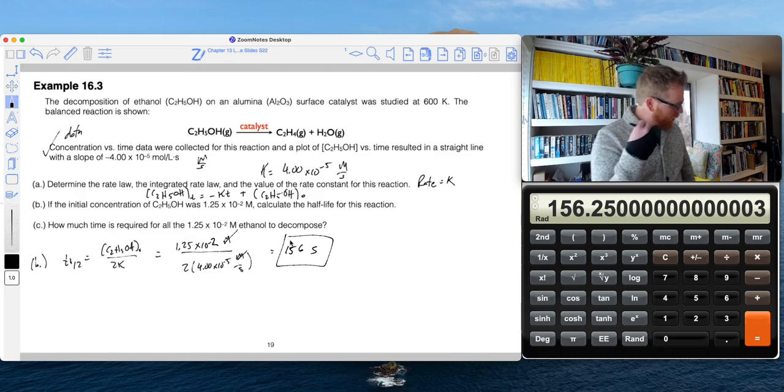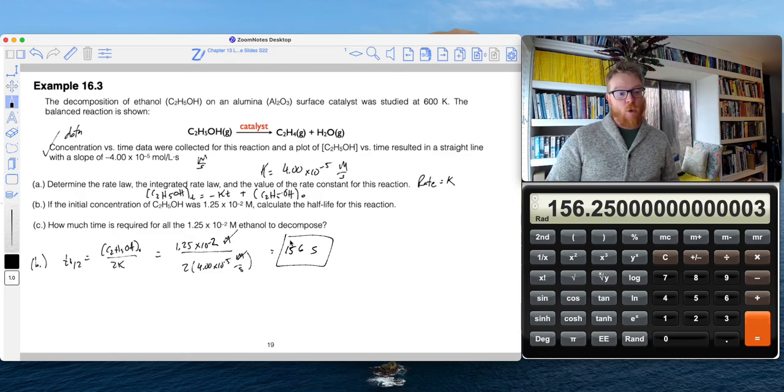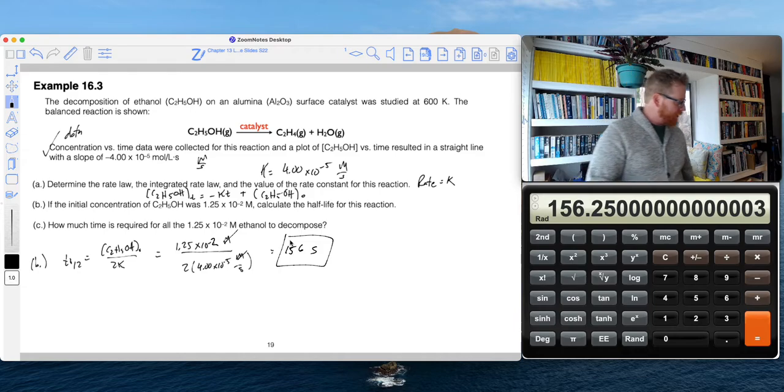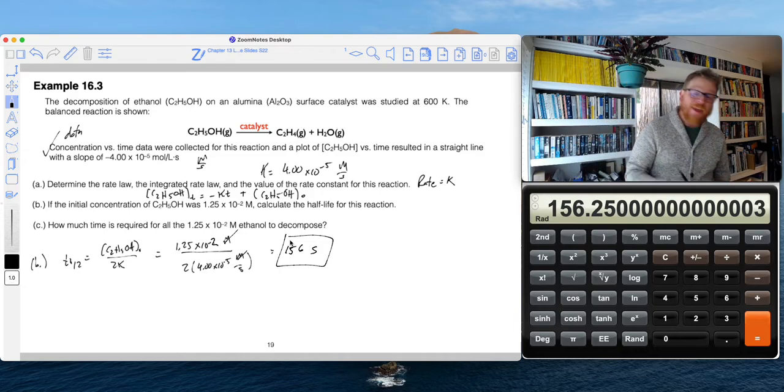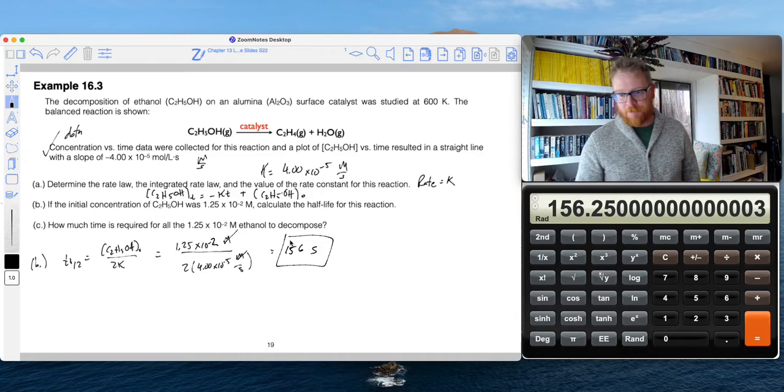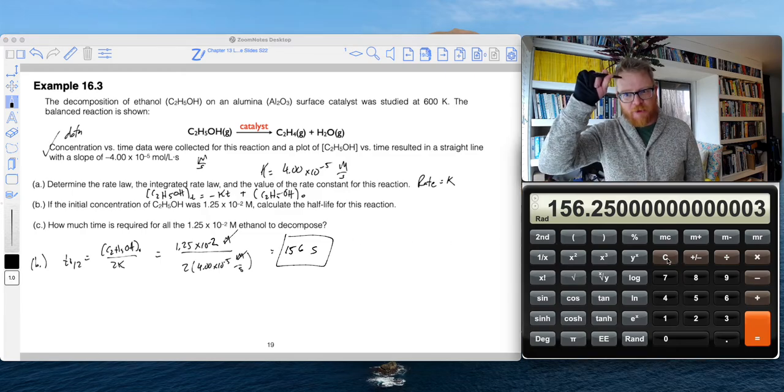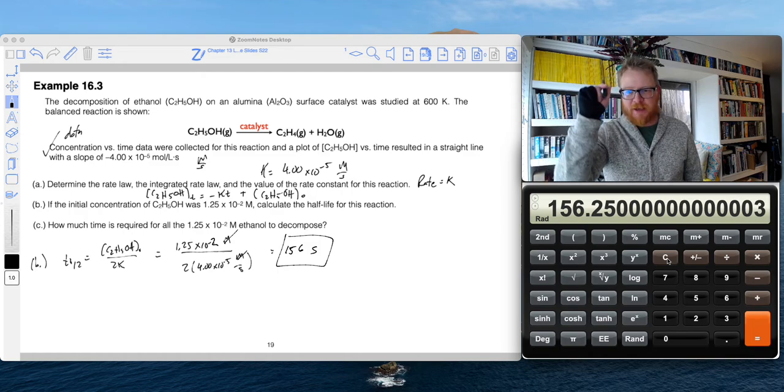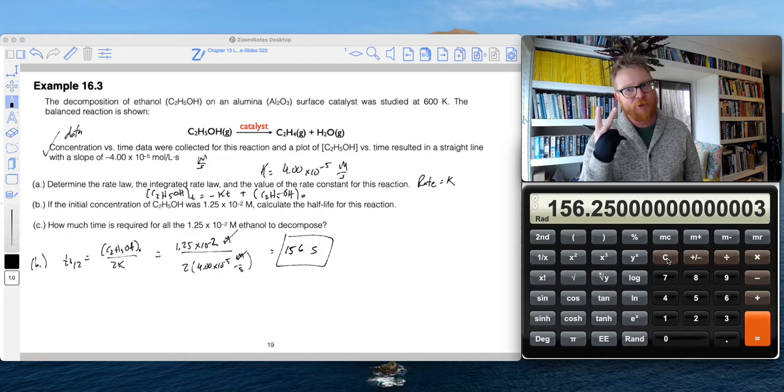And then question C, how much time is required for all the 1.25 times 10 to the -2 molar ethanol to decompose? Well, there's a couple different ways we could do that. If we were clever and good at taking shortcuts, we would recognize that because this is a zero order reaction, there's only two half-lives, right?